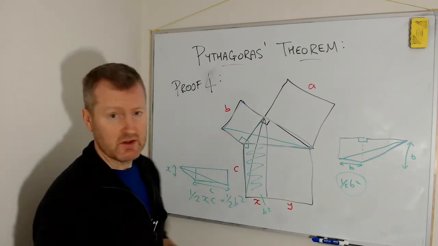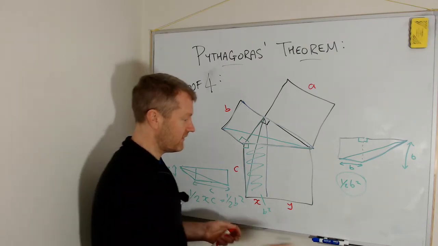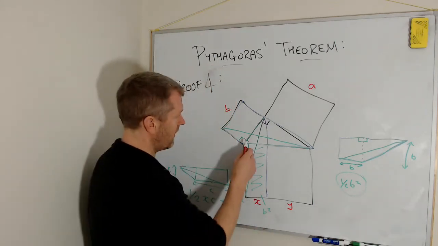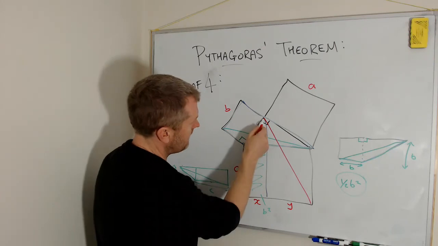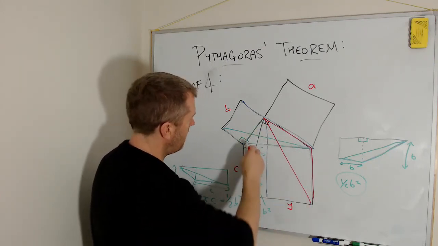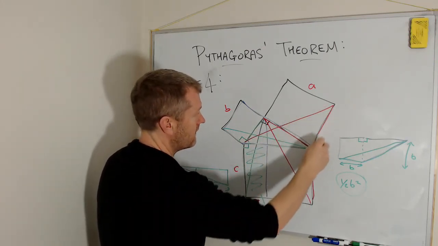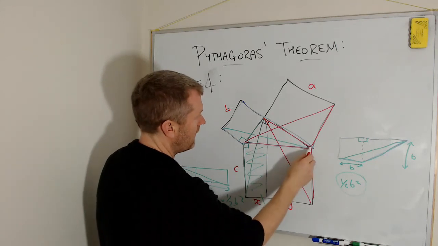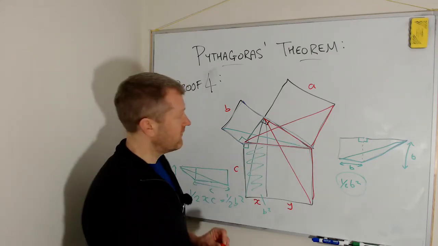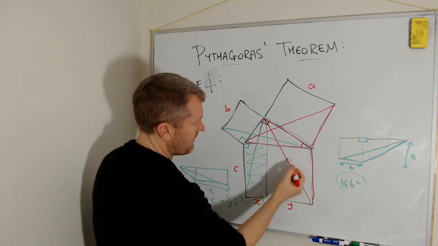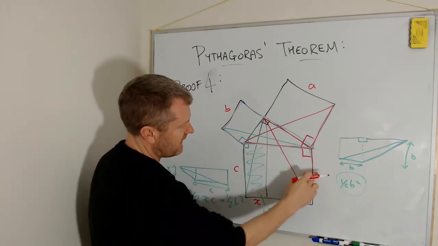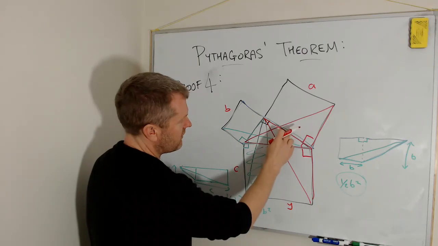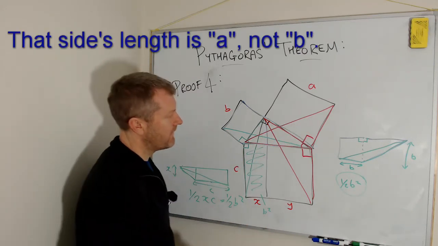Alright, and we can use the same argument on the other side. Okay, we draw two triangles, one down here like this, and then one across like this. So we can use the same arguments to prove that these triangles are congruent. There's the same angle plus 90. They share a side of length c and a side of length a, this one and this one.